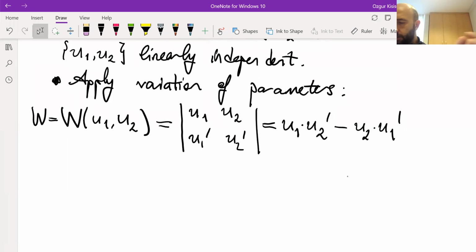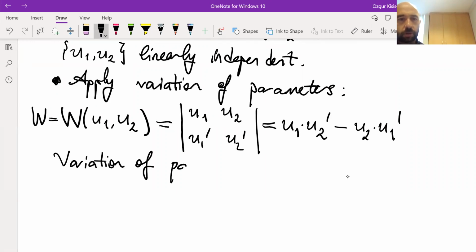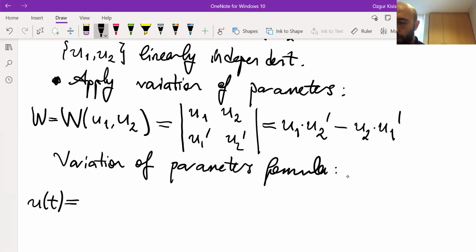And then we derived a formula for variation of parameters. So you can get the general solution as follows. It's u1 times the integral of minus u2 times f divided by m.